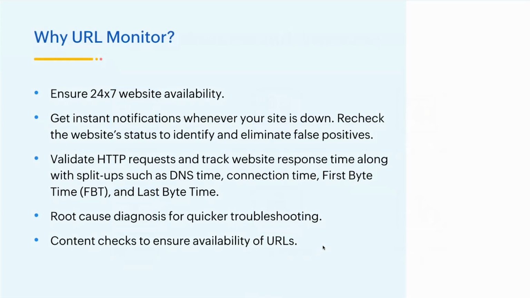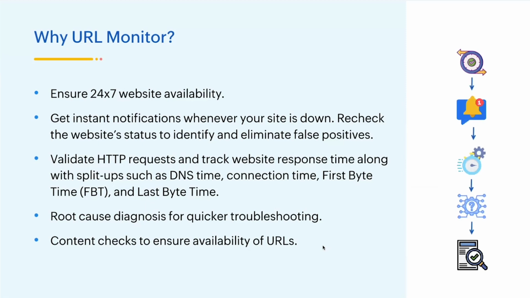To prevent problems like this, you can use Applications Manager's URL Monitor. Now, this will help you ensure 24/7 website availability. This URL Monitor acts as a continuous URL monitoring service that keeps a constant watch on a specific URL or a web page.